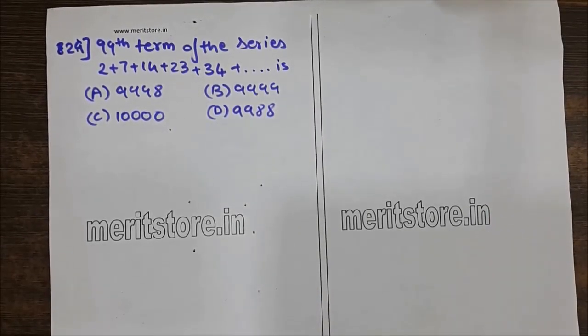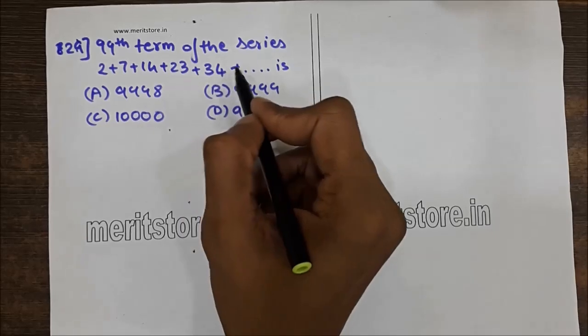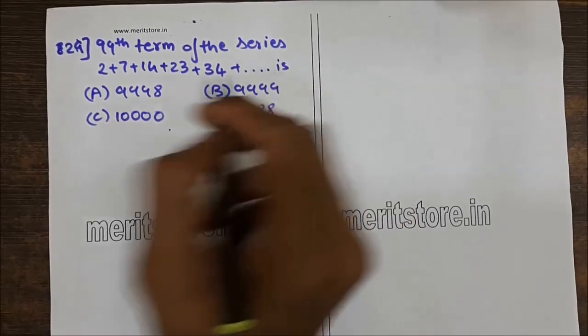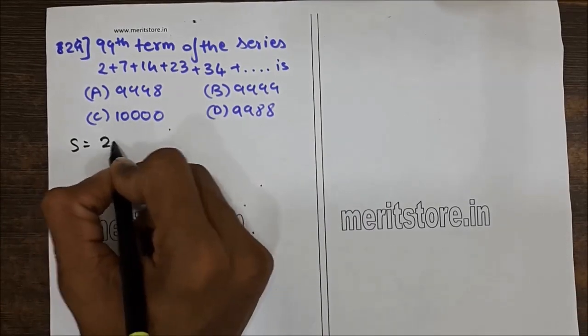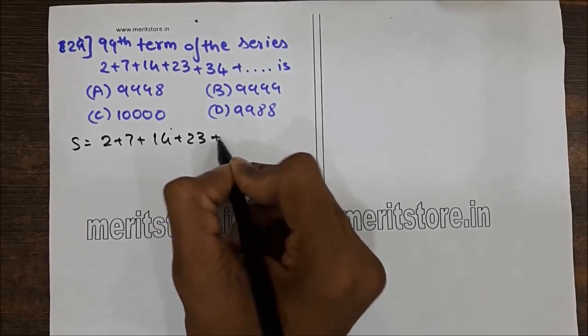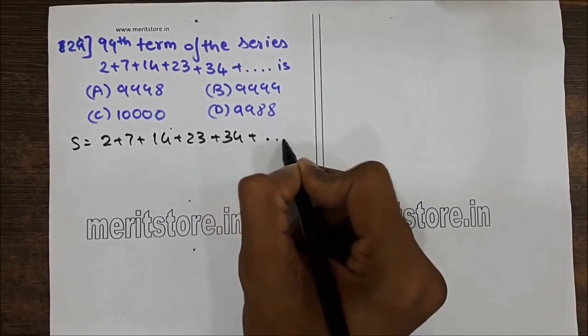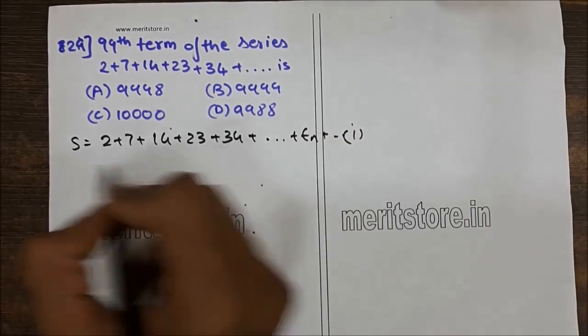Question 29. The 99th term of the series 2 plus 7 plus 14 plus 23 plus 34 plus and so on is, we have four options. So let S is equal to 2 plus 7 plus 14 plus 23 plus 34 plus up to n terms Tn, be equation 1.